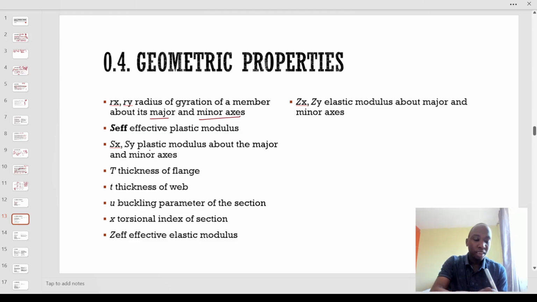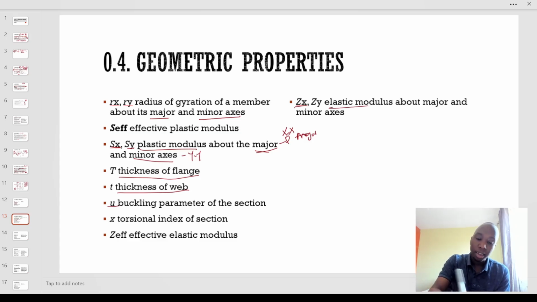We have plastic moduli, both at section XX, major and minor. XX being major, and then this YY. T, thickness of the flange, T, thickness of the web, U, buckling parameter. What else? Z. Z is elastic modulus.